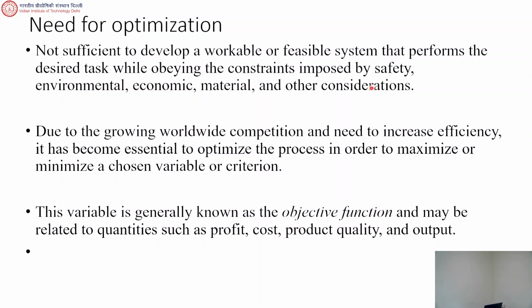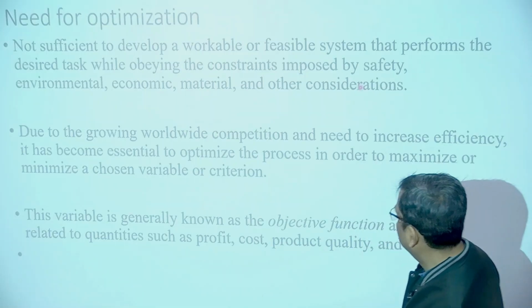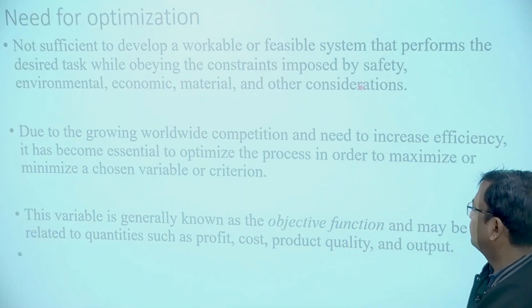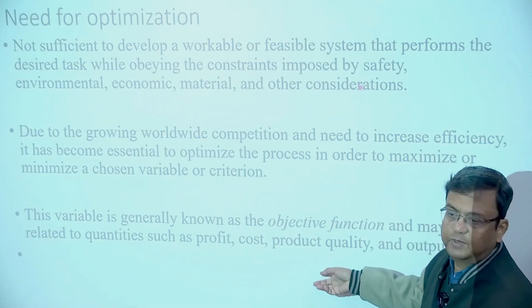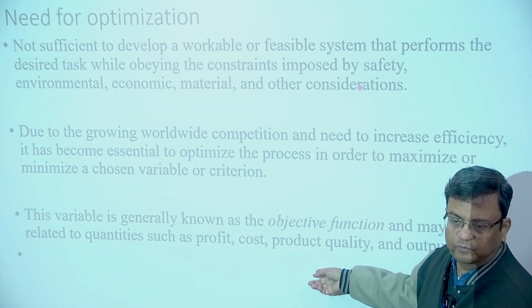So you might like to maximize or minimize some objective function to be able to arrive at the optimized design. The objective function can be, you try to maximize profit, you try to minimize cost, you try to optimize product quality. If you want to maximize profit at the expense of product quality, that will not work, hopefully, right?